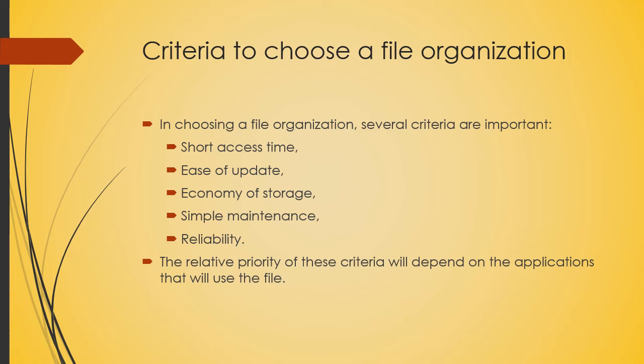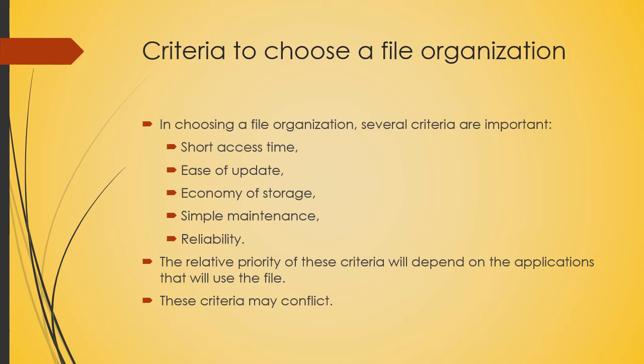For example, if a file is only to be processed in batch mode with all its records accessed every time, then rapid access for retrieval of a single record is of minimal concern. A file stored on CD-ROM will never be updated, so ease of update is not an issue.